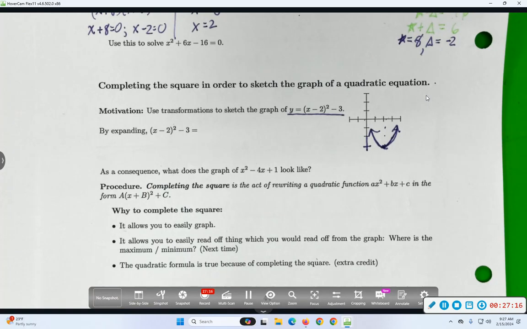How many people want me to do some foiling as a demo so that you remember how to do it? Cool. Seeing no hands, expand that out.